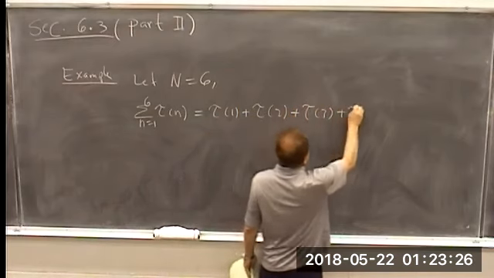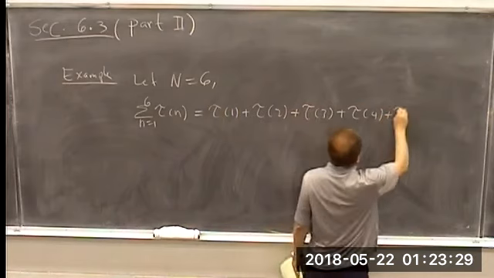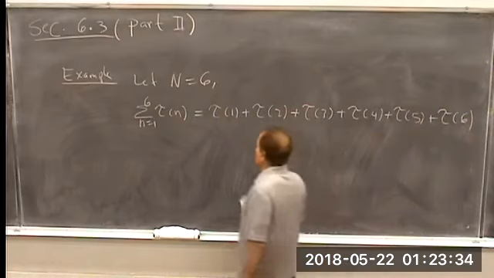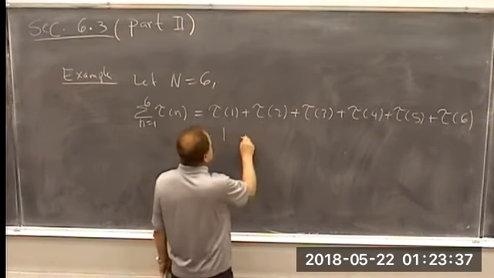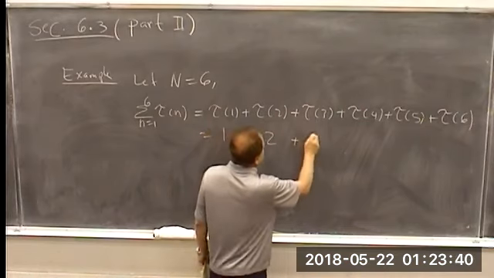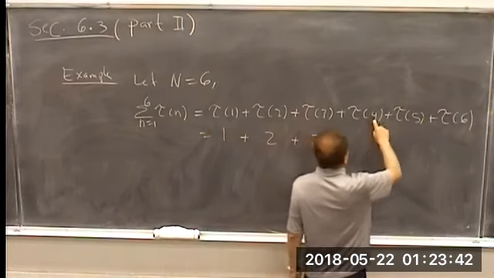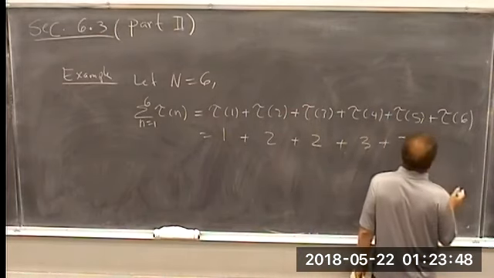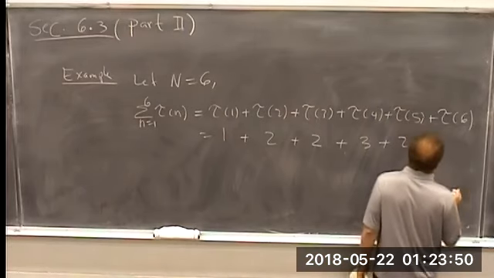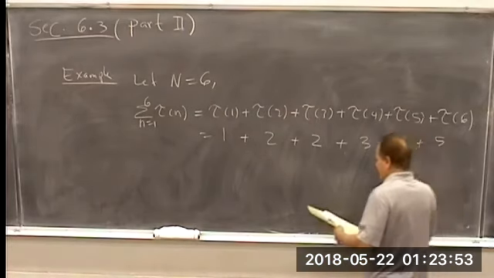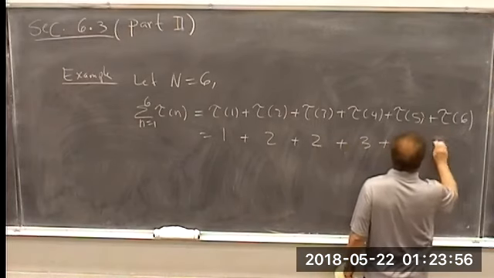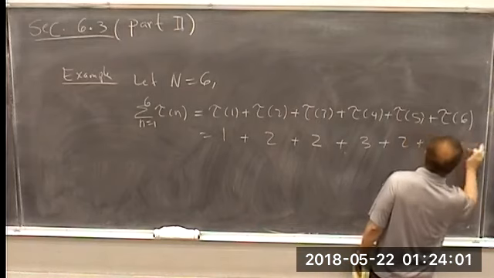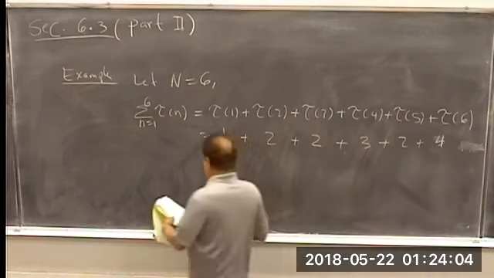The number of divisors of 1 is 1. Number of divisors of 2, 1 and 2, is 2. 3 is 2. 4, 1, 2 and 4, that's 3. 5 is 2. 6, 1, 2, 3, and 6, there are 4, right? So altogether, this gives me 14.